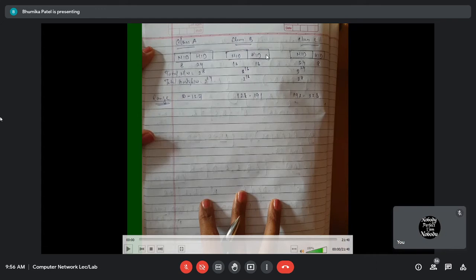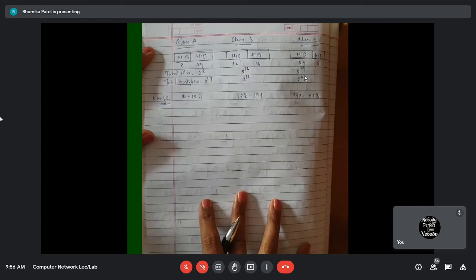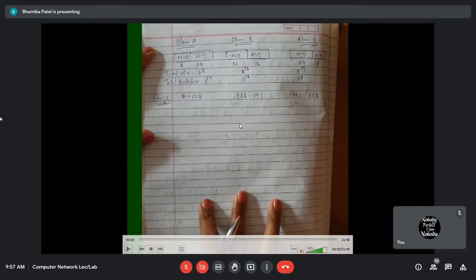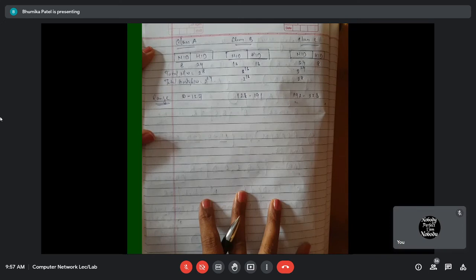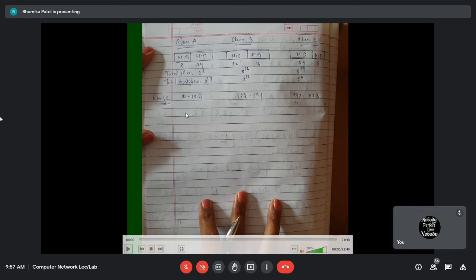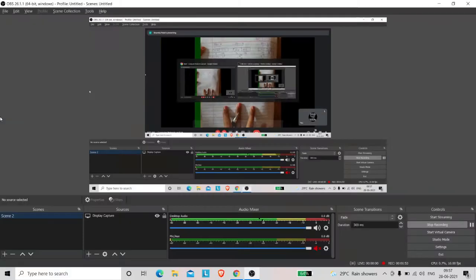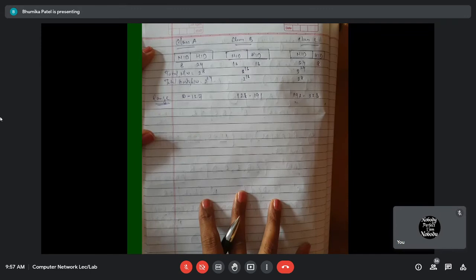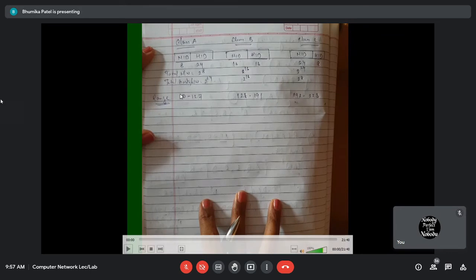In Class B, the number of hosts will be 2 raised to 16. In Class C, the number of hosts will be 2 raised to 8. And the range of Class A we have already determined in the last lecture, that is 0 to 127. That means if your IP address starts between 0 and 127, then it falls in the Class A category.